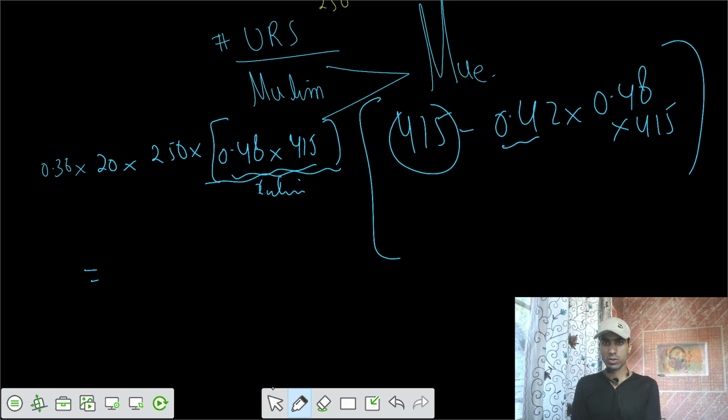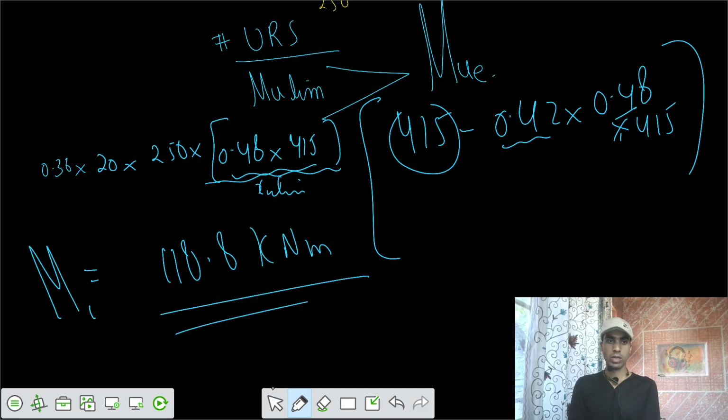Yeah. Then we have this factor of 0.48 into 415, 250 into 20 into 0.36, divided by 10 to the power 6. That is 118.8 kilonewton meter. MU limiting, 118.8 kilonewton meter.